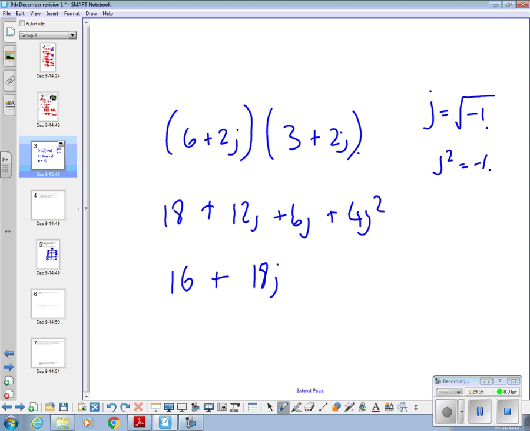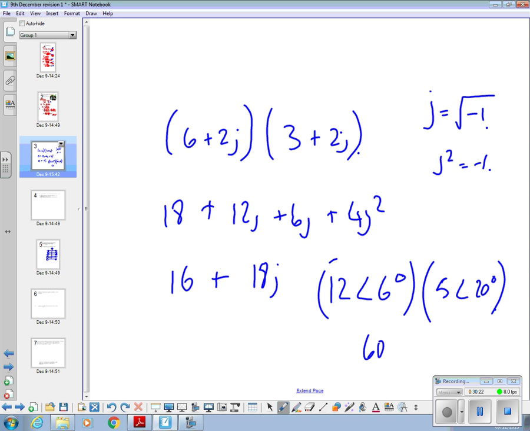But most of the time, we haven't been doing that. We've been converting to polar and then multiplying in polar form. So we've been writing down 12 angle 6 degrees times 5 angle 20 degrees, where you do 5 times 12 is 60, and 6 plus 20 is angle 26 degrees.